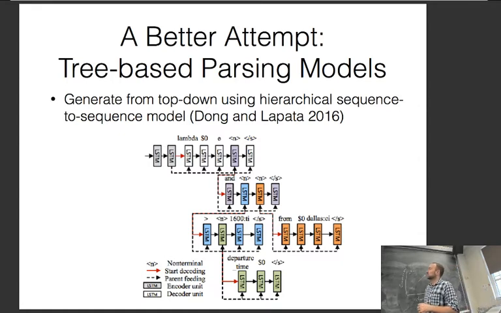And this is good because it can generate one level of the hierarchy at a time. One disadvantage of this model is that it doesn't consider what it generated down here when it's generating the stuff up here. But yeah, as I said, this is a better attempt.